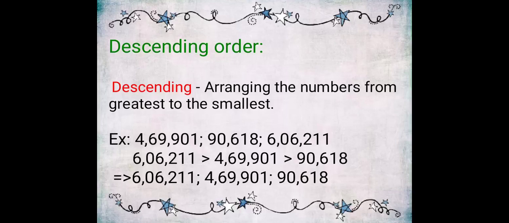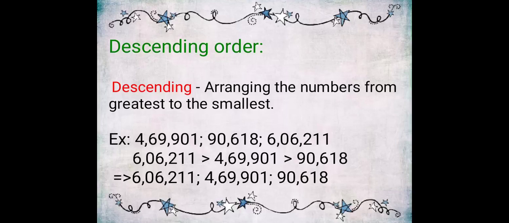So, it comes first, that is 6,06,211. Next, followed by 4,69,901, which is greater than 90,618. Now my numbers are arranged in order from greatest to smallest.